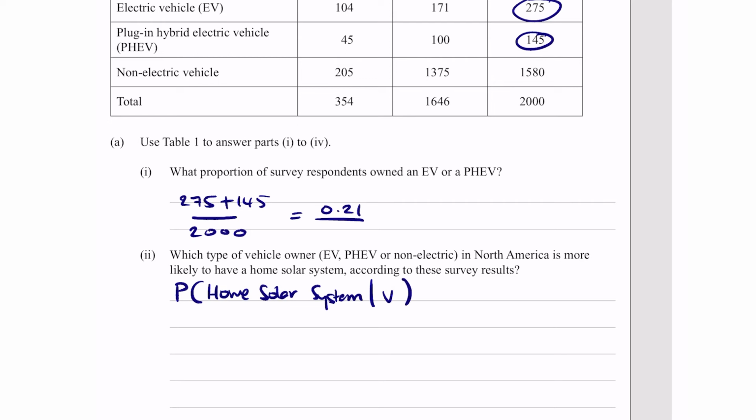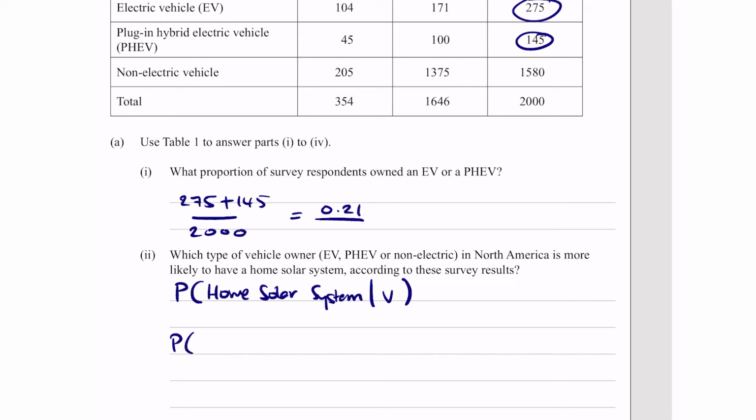So that's what we're actually interested in here, right? Because that's going to tell us which type of vehicle owner is more likely to have it, right? The bigger the probability, that's going to tell us which vehicle is more likely, right? So we're going to have to do this 3 times.